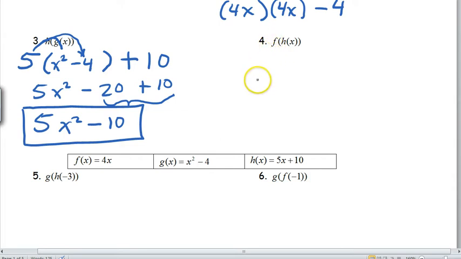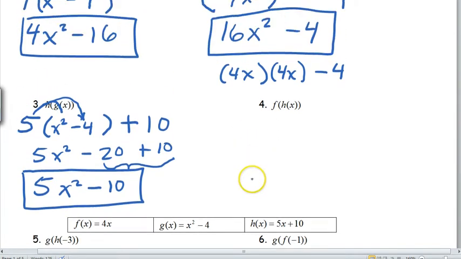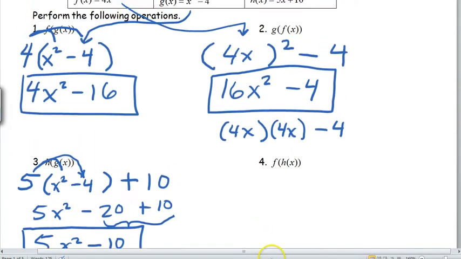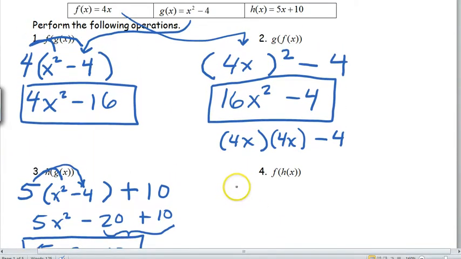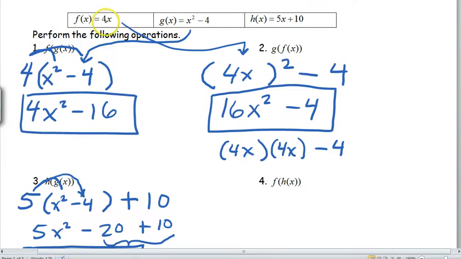For number 4, the first function is f. Let me look back and see what f was again. Oh, so function f is 4x. I'm not going to put 4x. I'm going to put 4 parentheses, because I always put parentheses instead of the x. So that's my 4x. Now I'm going to put in function h, because that's what's on the inside.